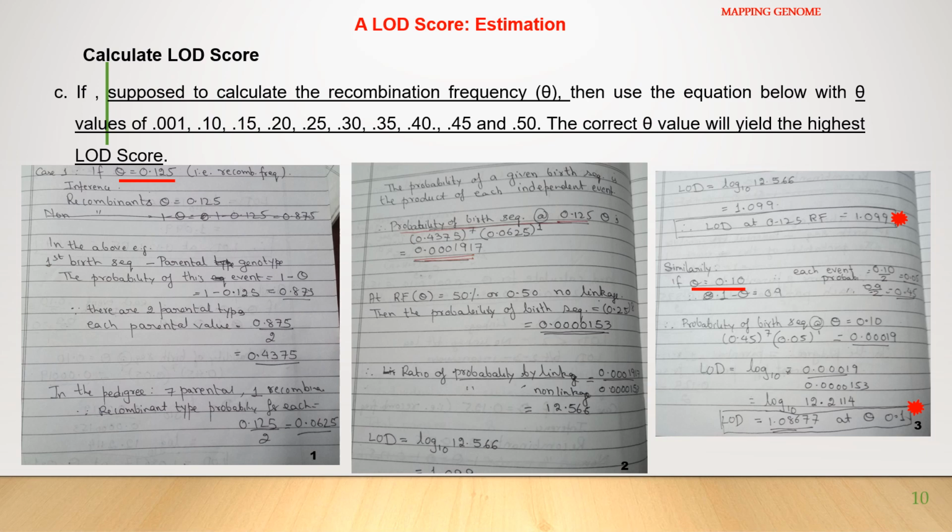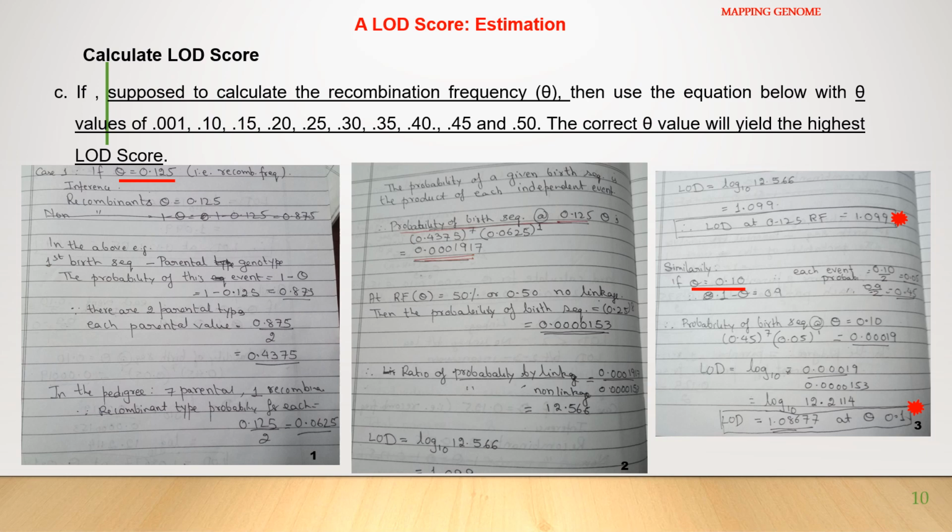Now, the probability that the first child is the parental type is 1 minus theta, that is 1 minus 0.125, which is equal to 0.875.